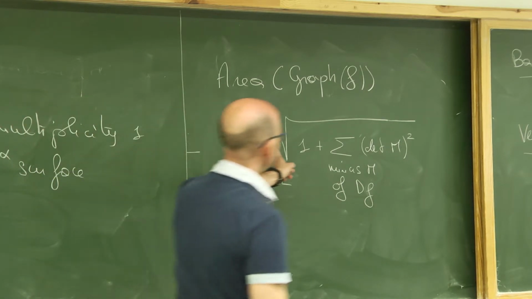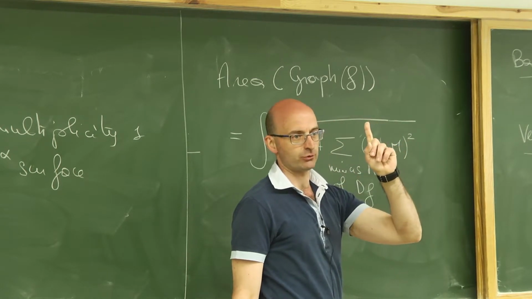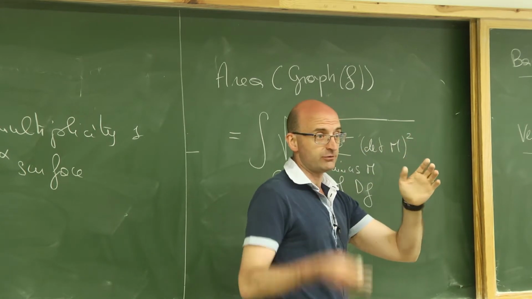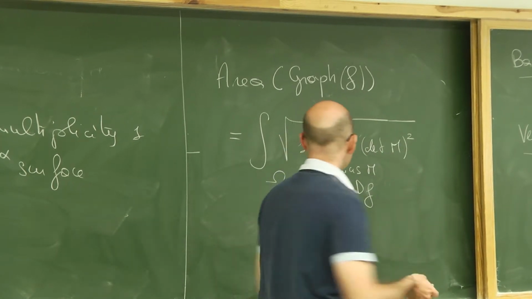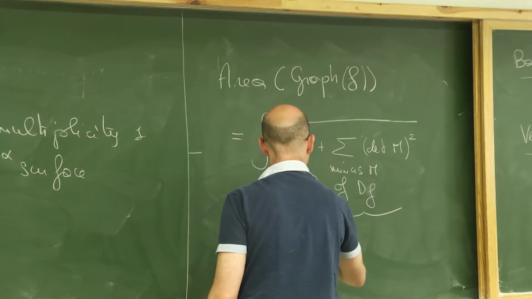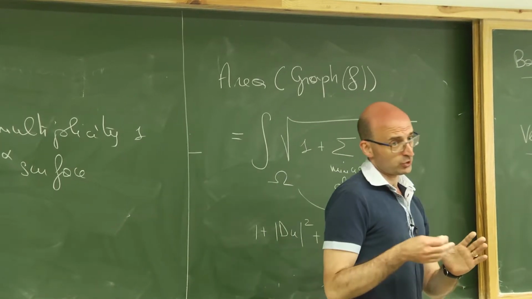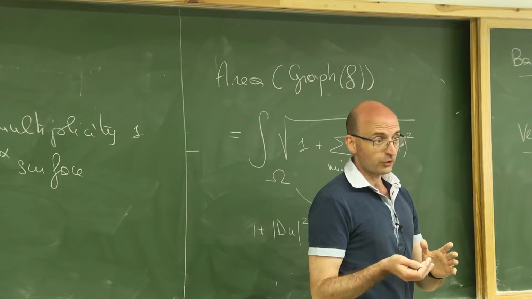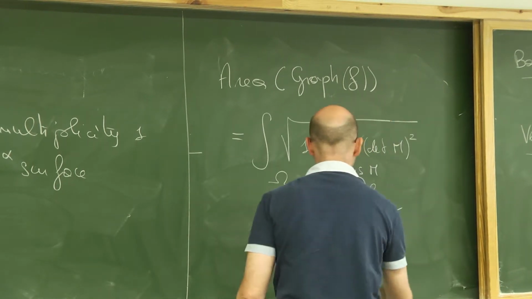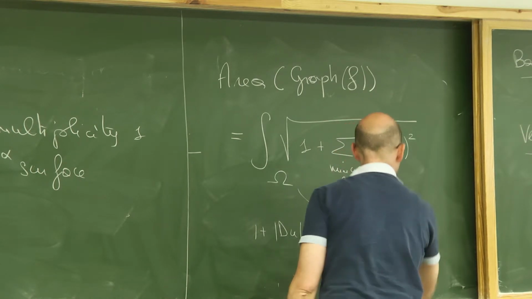Now, when you expand this, the easiest minors are the 1 times 1 minors. Then I don't have to take any determinant, and the sum of all the squares of them gives you the Hilbert-Schmidt norm of the matrix. So this thing over here is 1 plus |Du| squared. And then there are determinants of matrices which are at least 2 times 2. So the contributions you get over here are at least quartic in the derivative of u.